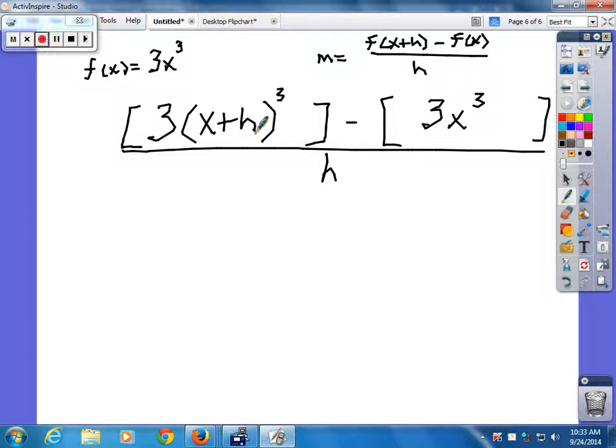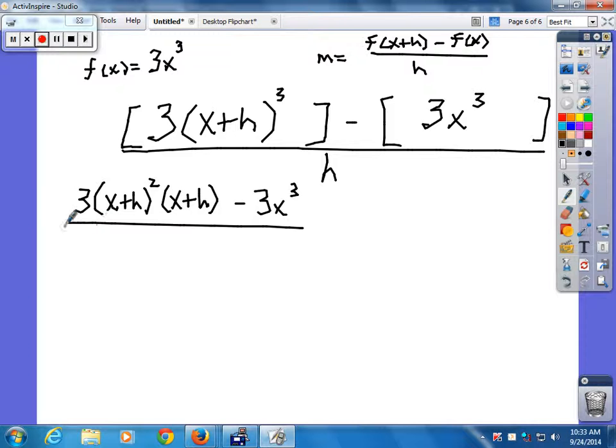So that will be 3 times x plus h, quantity squared, times x plus h, minus 3x cubed over h.